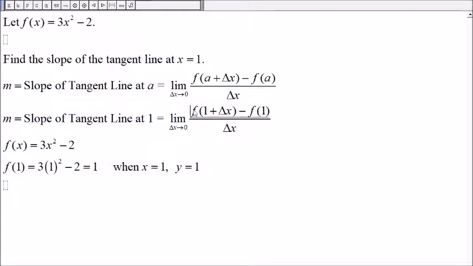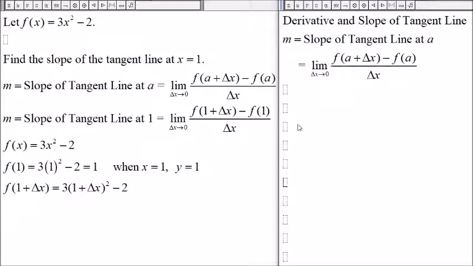And then next, we need to calculate f of 1 plus delta x. And then in the place of x, we just replace the x with 1 plus delta x. And then let's evaluate this separately. So this just means you write it 2 times and then multiply.